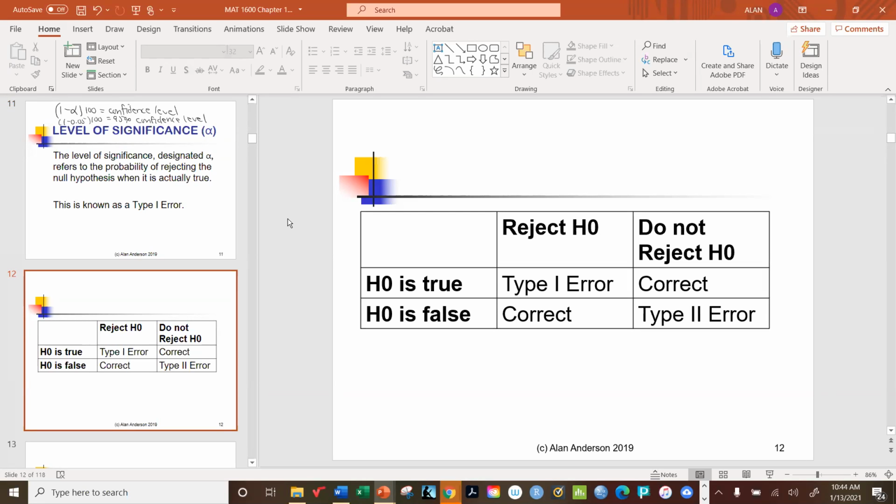Now, I don't know where those names come from. You think they could have done something more original than that, but this is what they're called. All right, these are their proper names. So you can see, again, there's only 4 things that can happen: 2 correct decisions, 2 errors.